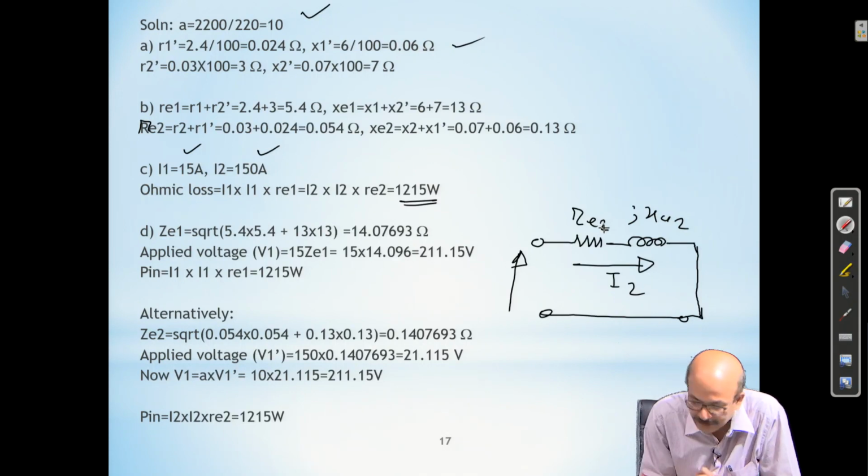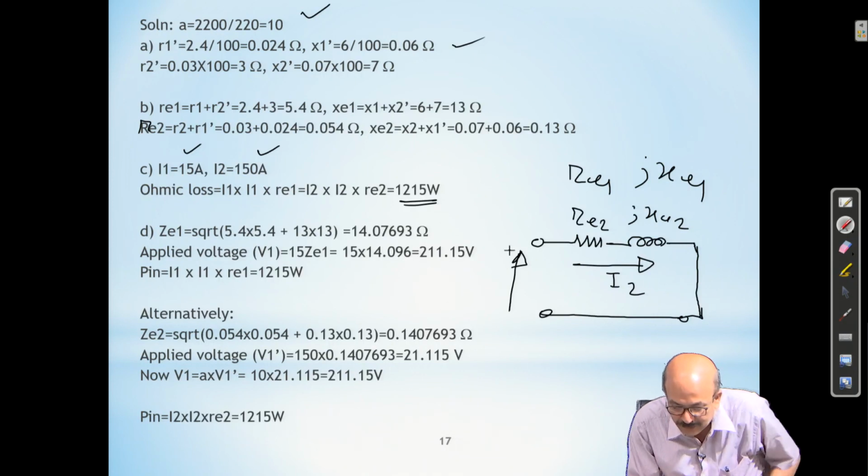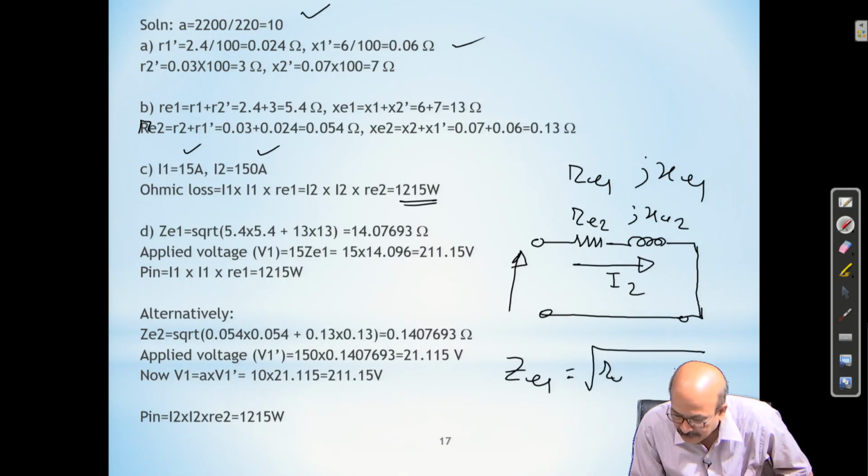If you do it for the high voltage side, you can consider RE1 and jXE1 in this circuit. If it is RE1 and jXE1, then what current will be flowing? I1 will be flowing. Then the voltage that you need is simply I1 times ZE1, where ZE1 is the square root of RE1 square plus XE1 square.